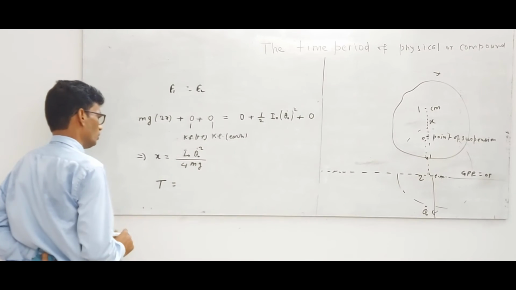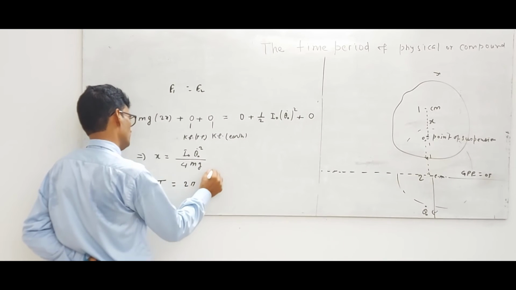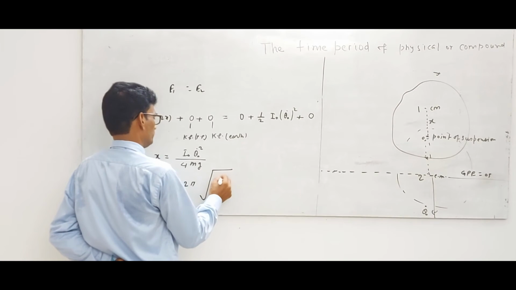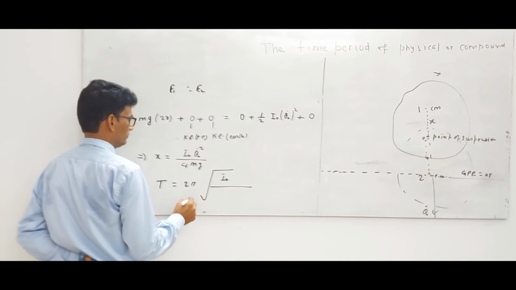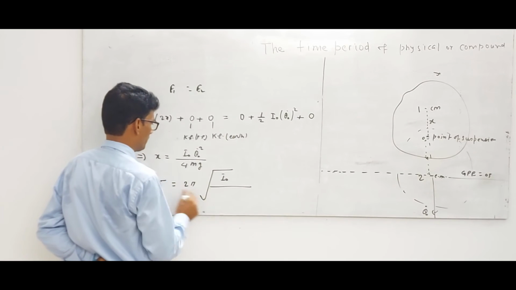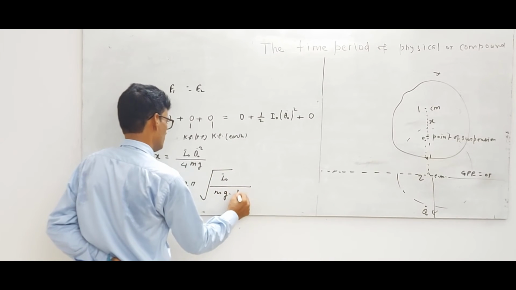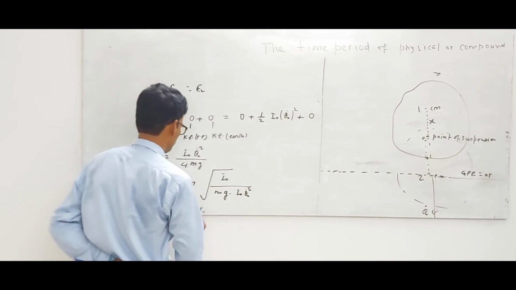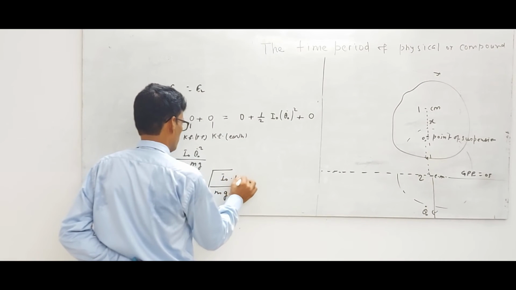The time period is equal to 2 pi under root I naught, the moment of inertia about the point of suspension axis, divided by m g x. x here is I naught theta naught dot square over 4 mg. 4 mg comes out to be here.